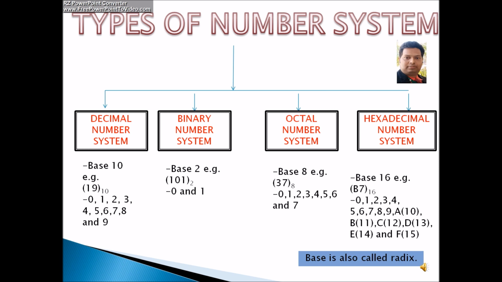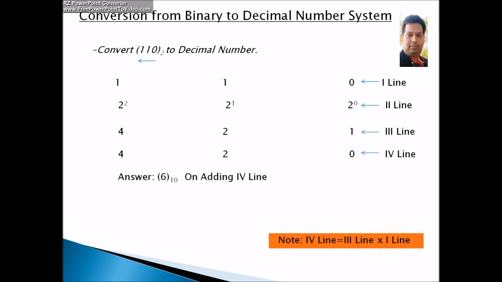Now here in this slide we will learn how to convert from binary to decimal number system. For example, there is a binary number that has been given, that is 110. Now we will see how to convert it into a decimal number. Any number, the unit starts from the rightmost.